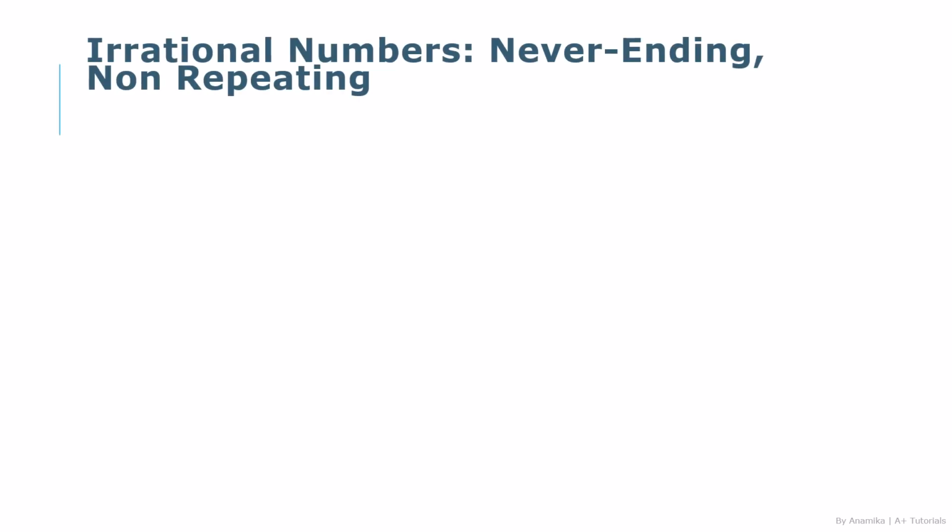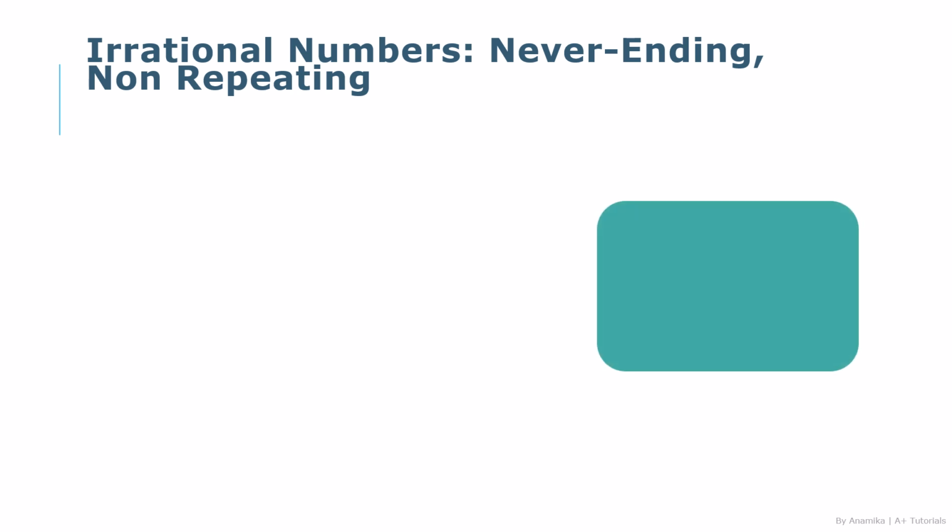Now that we have seen how rational numbers behave, let's meet a very different kind of number, the irrational numbers. These are numbers that cannot be written as fractions and their decimals do something really strange.